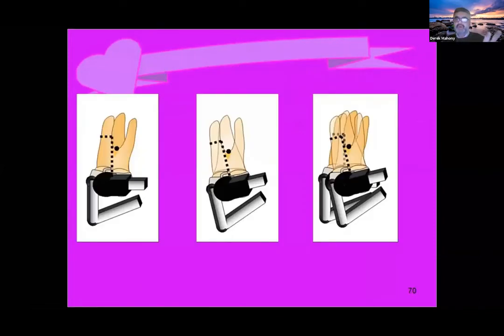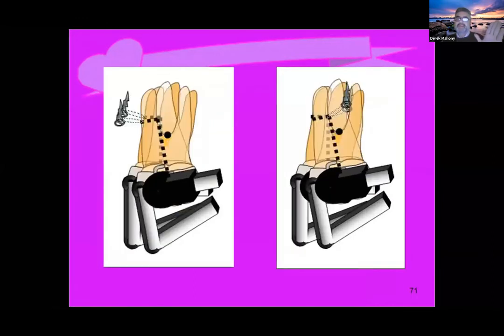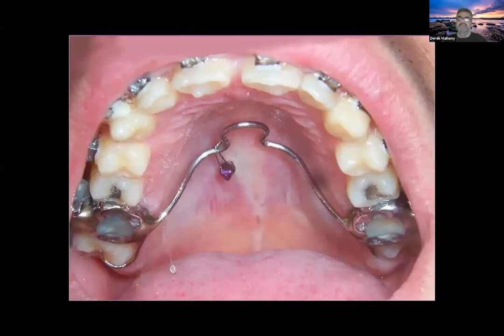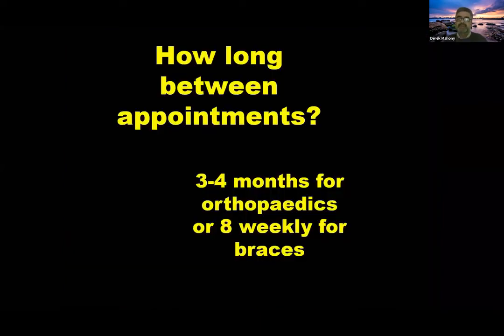So torque is important, of that elbow to push the roots into the cortical plate, or torque with the TPA, with a TAD. You know, these are all the tips to try and get the most skeletal change and minimize the dentoalveolar change.